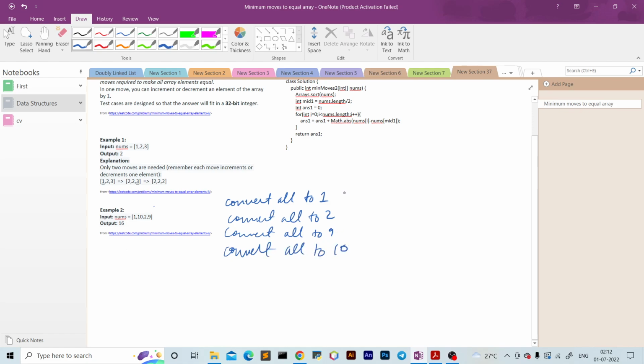For each we would require three calculations, because we want to calculate three differences.